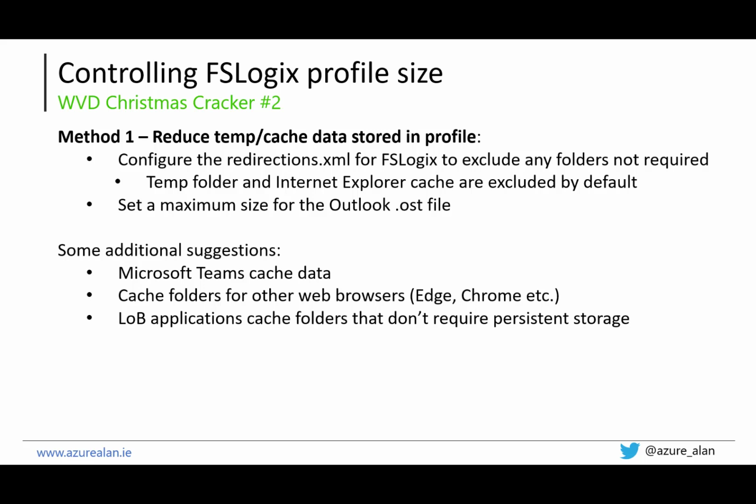And then any line of business applications that you're installing, they may well have cache folders, again temporary space folders that are not persistent data, so you can simply just flush those. So you may well want to just contact your vendors for your line of business applications to see which folders can be excluded from the user cache.